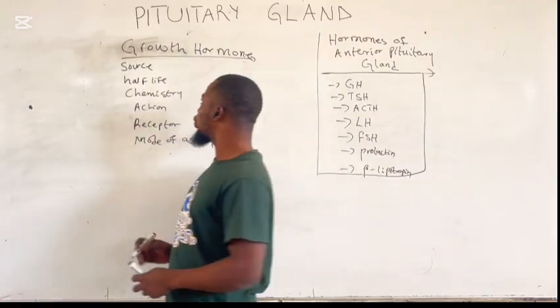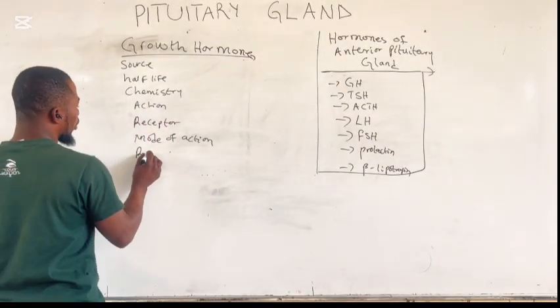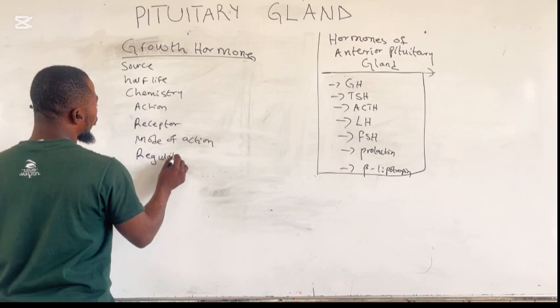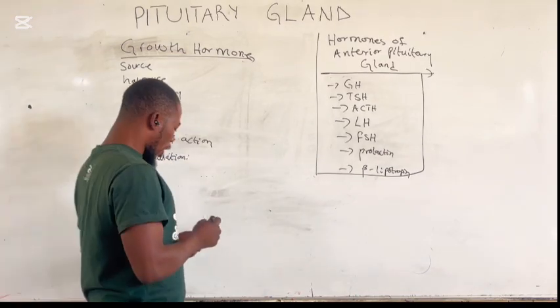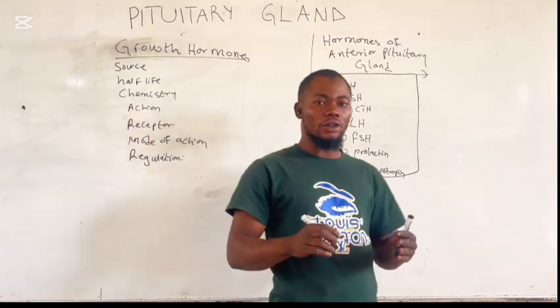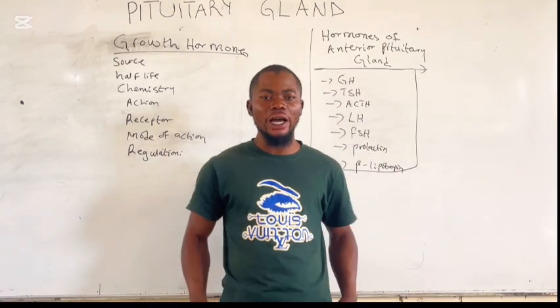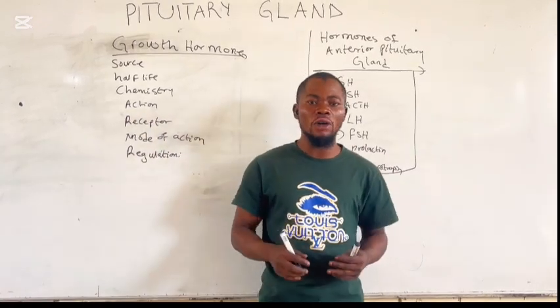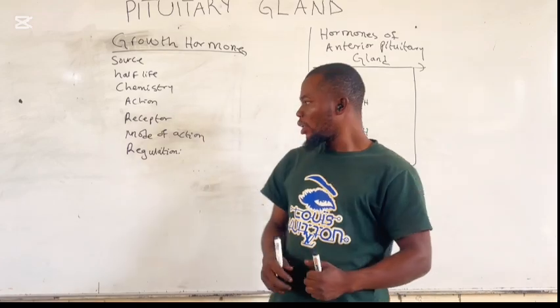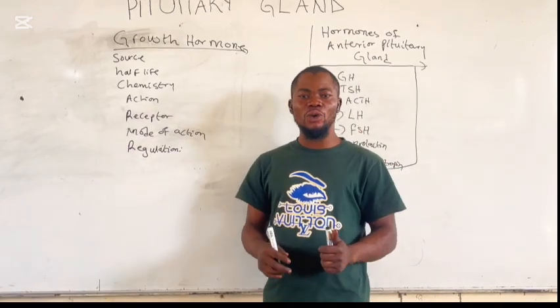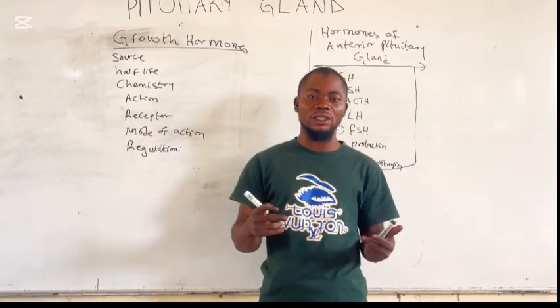Next is regulation of growth hormone. In our previous video, I already explained that hormones in our body are majorly regulated by two means, either hypothalamic control or feedback mechanism. Growth hormone is regulated majorly by these two means.